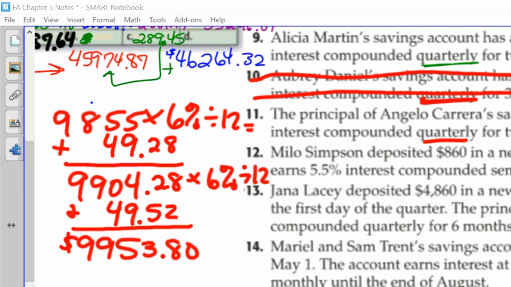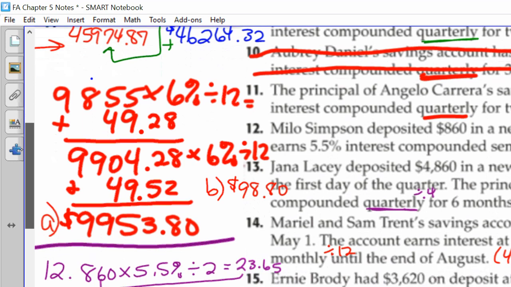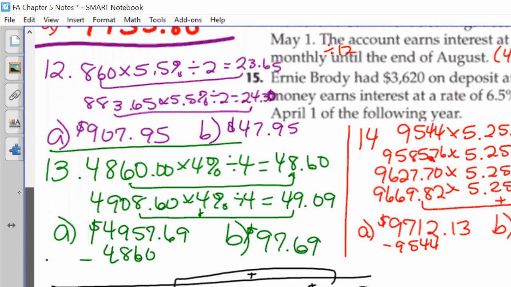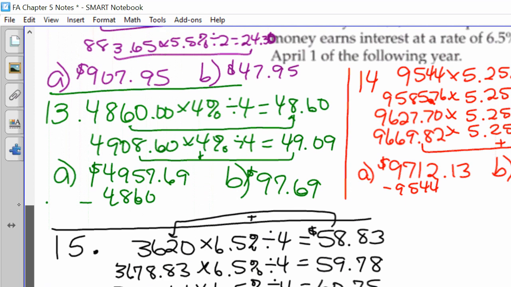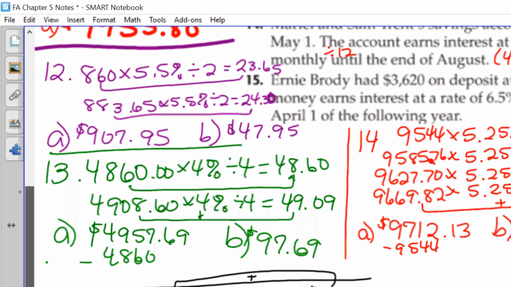Okay, so we skipped number 10, and the answer to number 11 is $9,953.80. All right, so here's the answers to 11 through 15. Make sure you guys pause, stop, write all these down. Look at all the work that goes into doing this. Make sure you have the same.